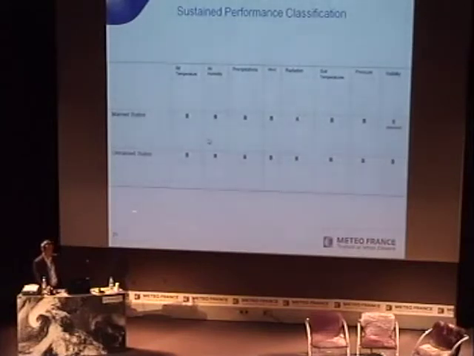And here are some little differences for a station when you have someone in the station, which are not really important in France, and a station when you have only automated systems.